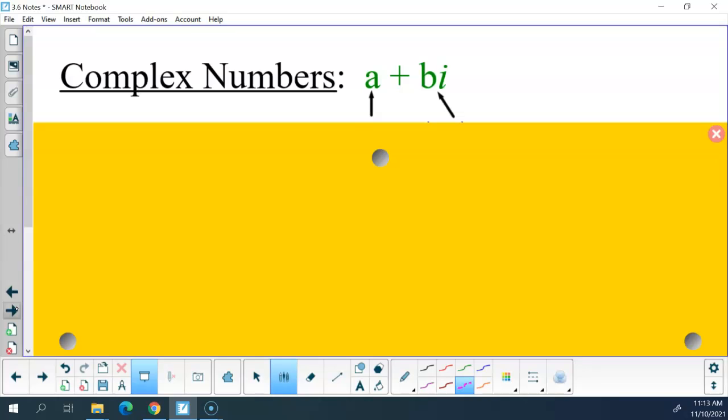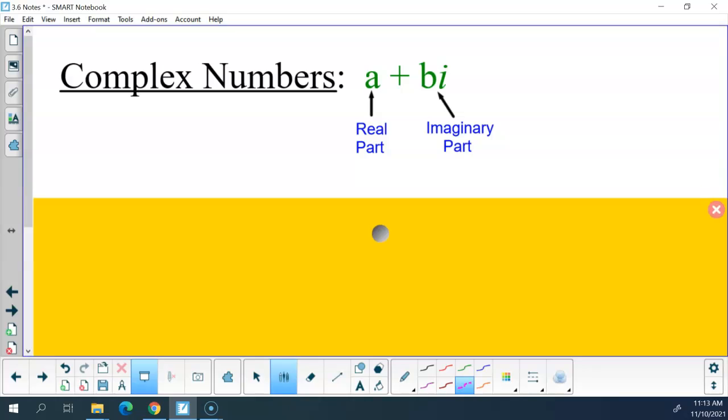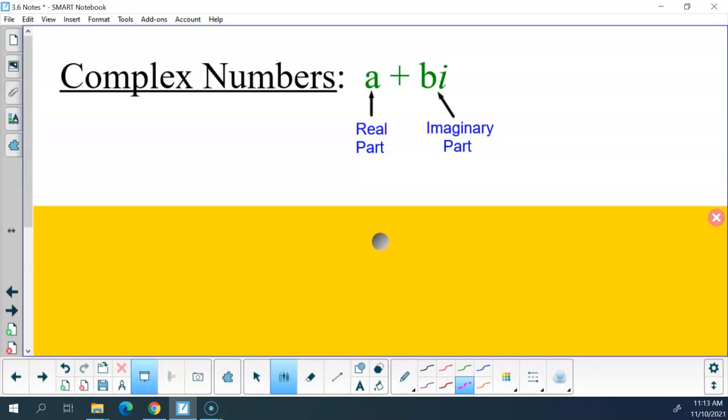So a complex number is a combination of a real number and an imaginary number. So a complex number has a real part, which is some kind of a number, and it's got an imaginary part, which has an i attached to it.